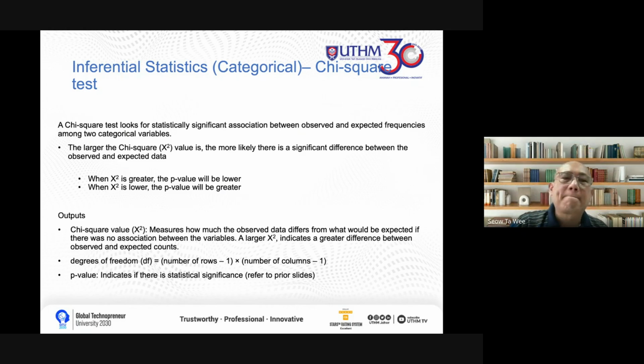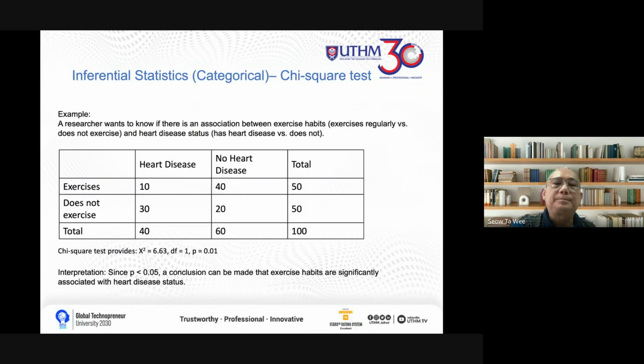This is an example. A researcher wants to know the association between exercise habit, those who exercise regularly versus those who do not, and heart disease status.